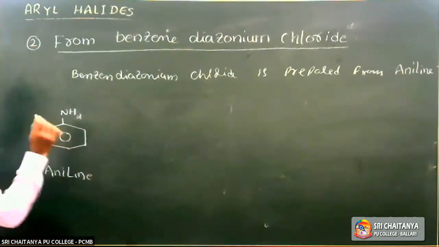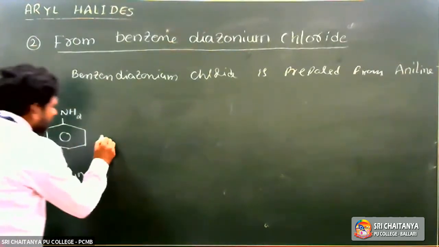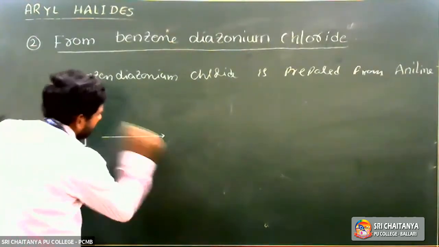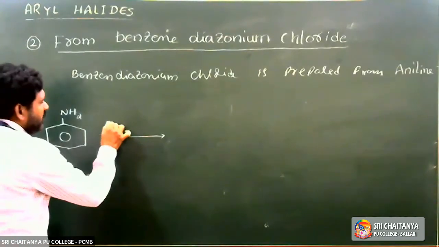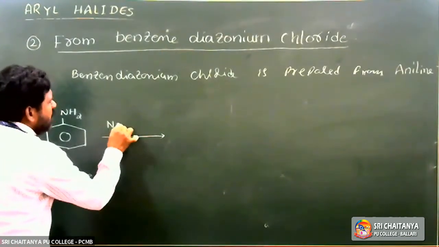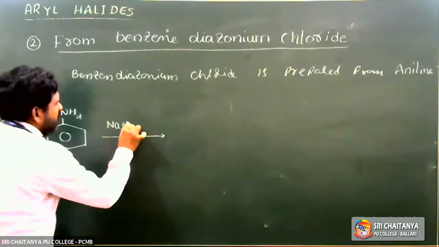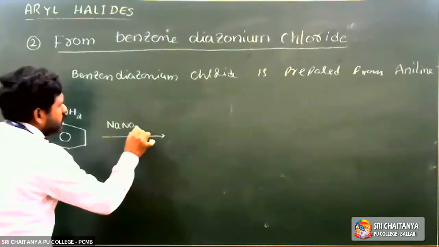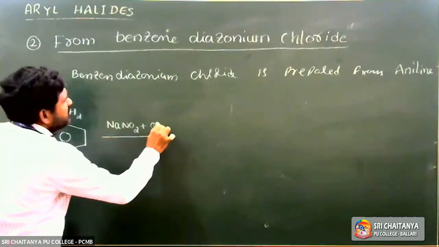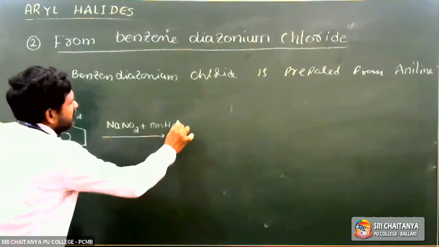This aniline is treated with a mixture of sodium or potassium nitrite. Sodium nitrite, formula NaNO2, and concentrated HCl.